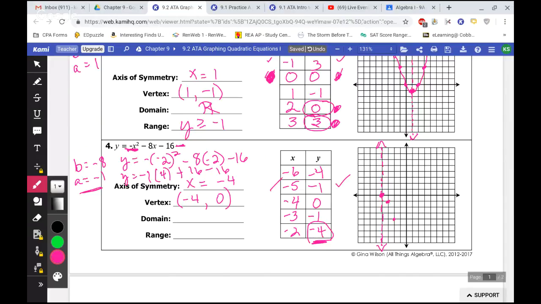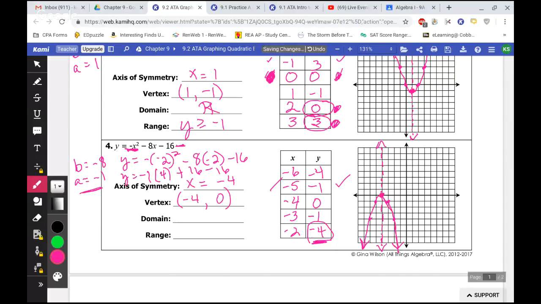And now we're going to go left 5 and down 1. And we're going to go left 6 and down 4. This creates our symmetry, and we have a frowny-faced parabola.